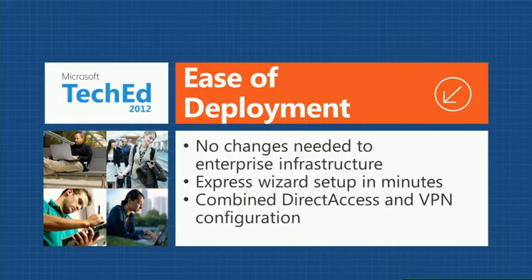Right, so let's take a minute to recap what we've seen so far. We saw the integrated client experience, how we baked in the connectivity status, remediation, and troubleshooting right into the View Available Networks UI in Windows 8.